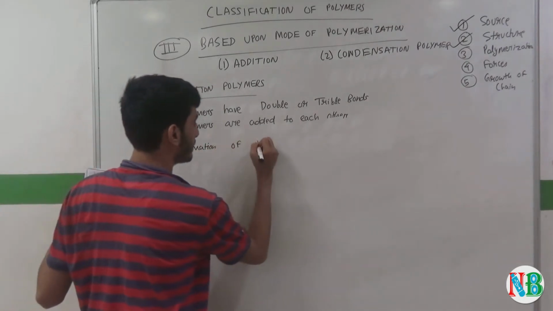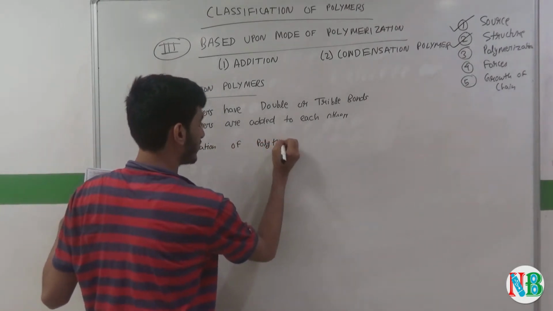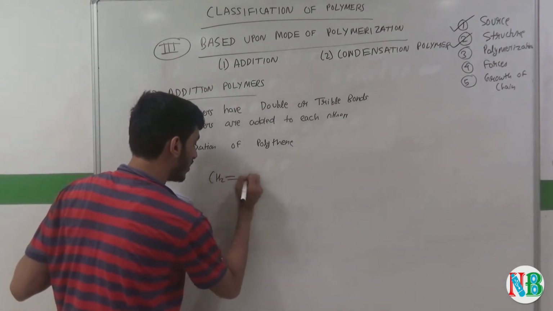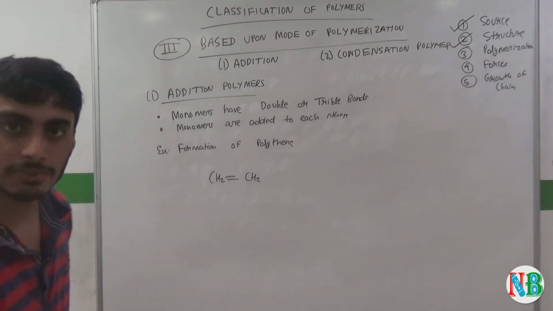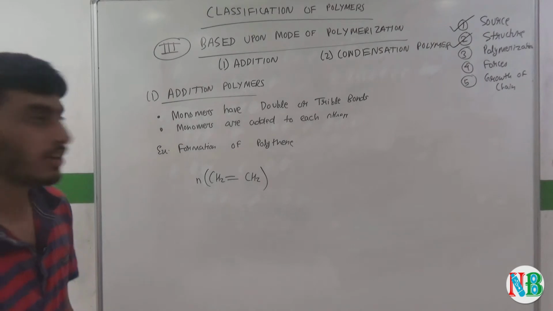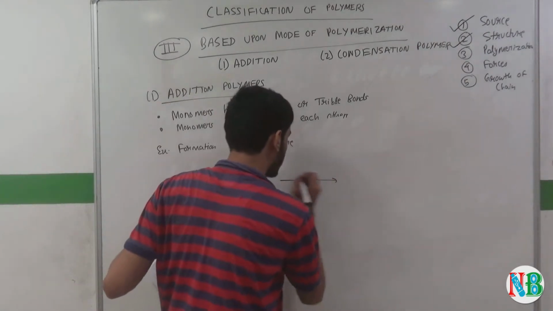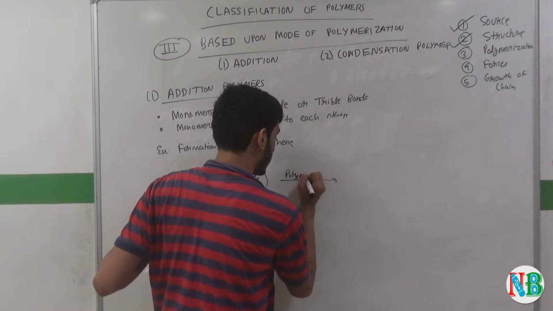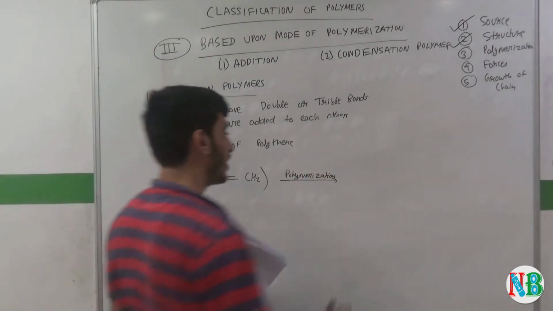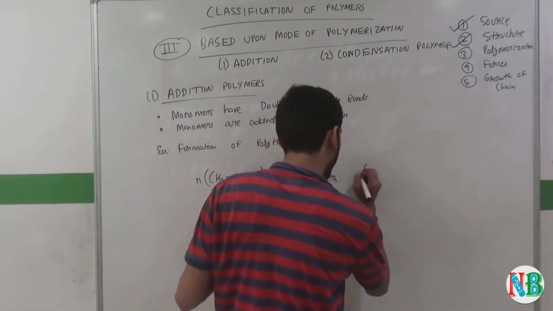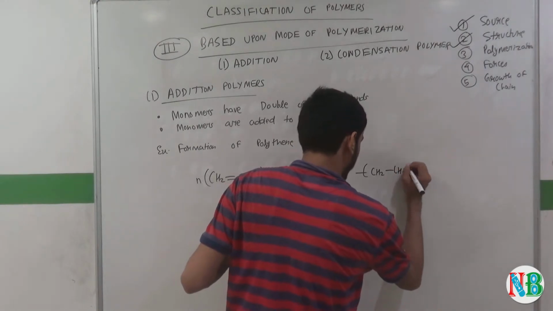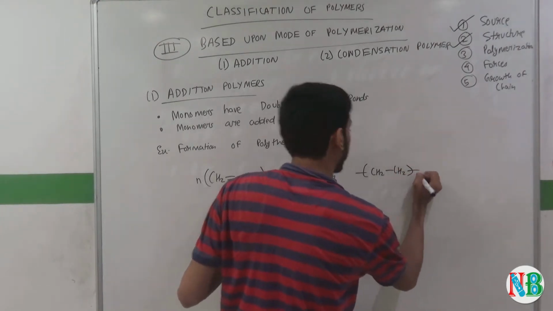So the example I have is the formation of polythene. CH2 double bond CH2, that is ethene. You have to take n molecules of ethene. This goes under the reaction. After the reaction you get a single molecule of polythene.